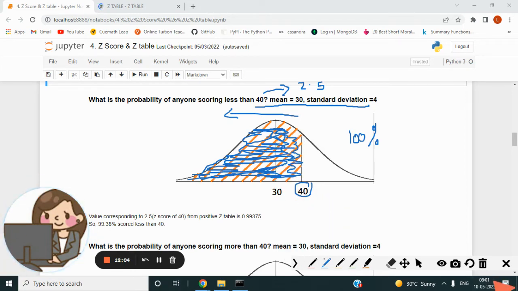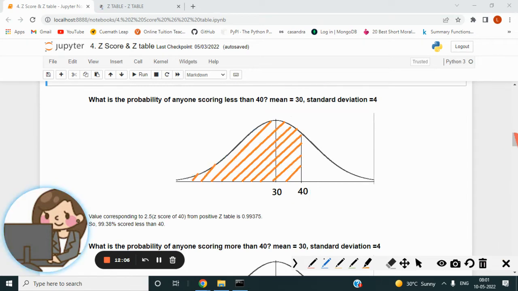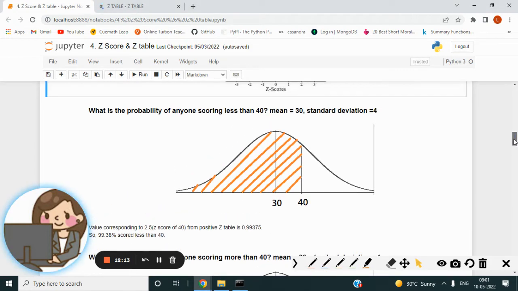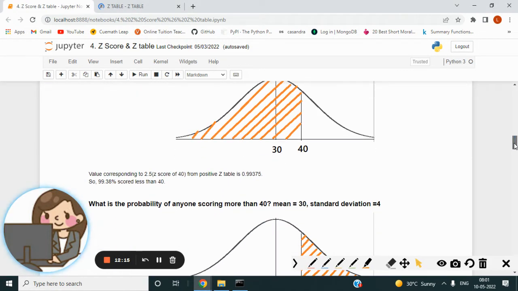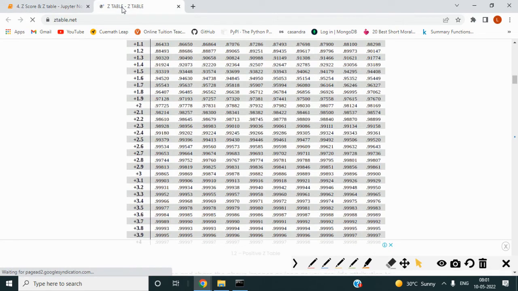Okay. So corresponding to the score 2.5, we know that the z score of 40 is 2.5, right? So then we have to check the positive z table. Okay, so let us go and check the positive z table.